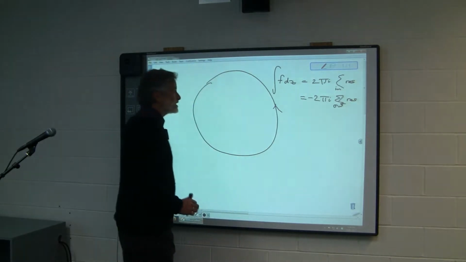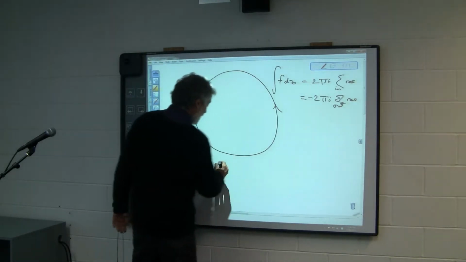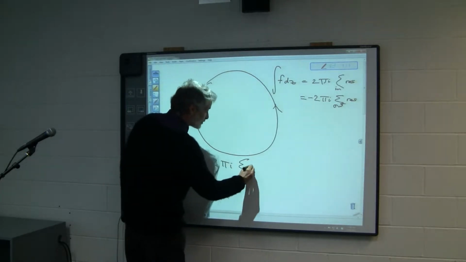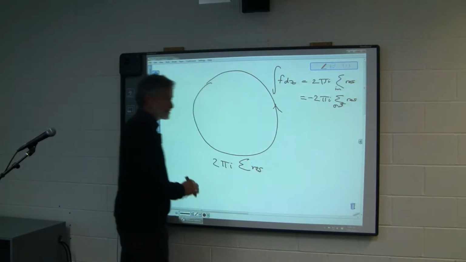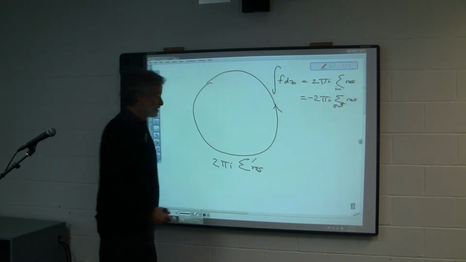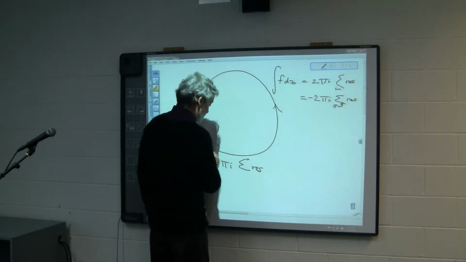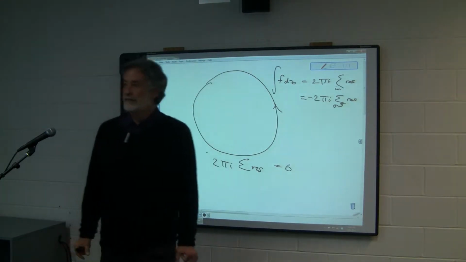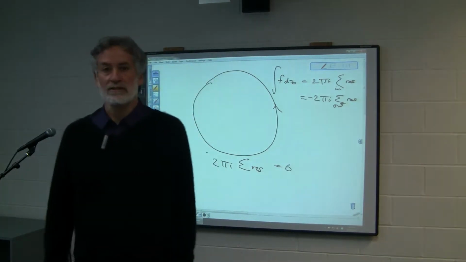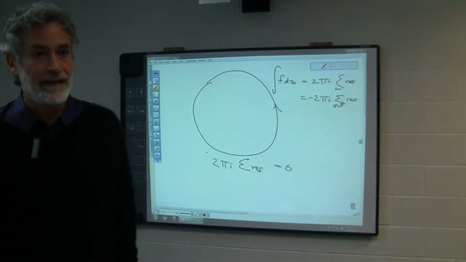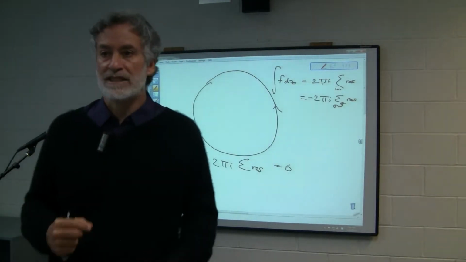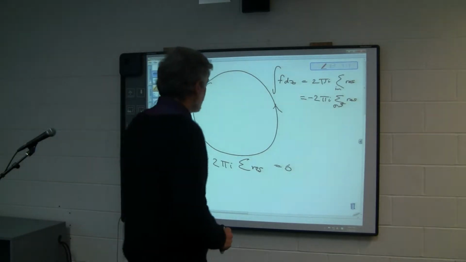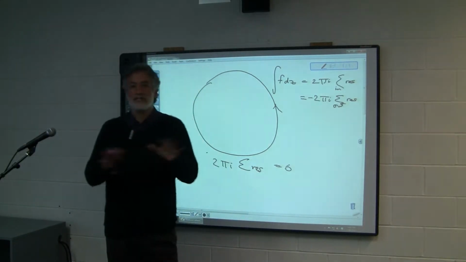Another way of saying it is that 2 pi i times the sum of all the residues on the entire Riemann sphere is always 0. If you take a meromorphic function on the Riemann sphere, in fact on any compact, smooth Riemann surface, the sum of the residues has to be 0.